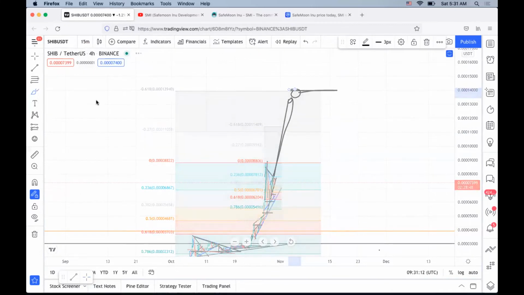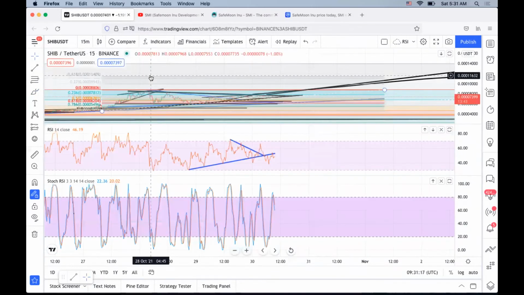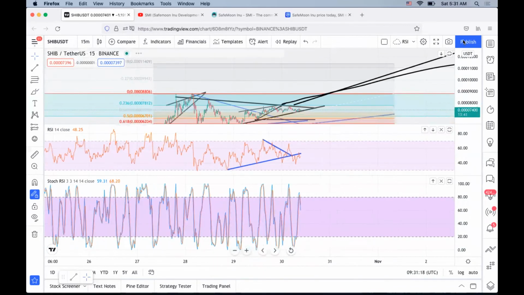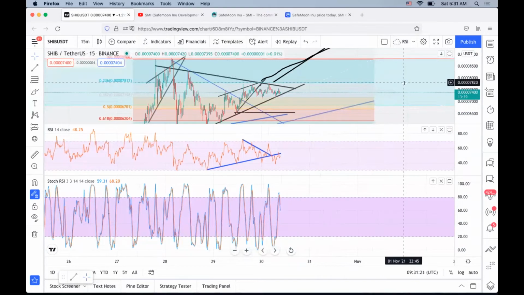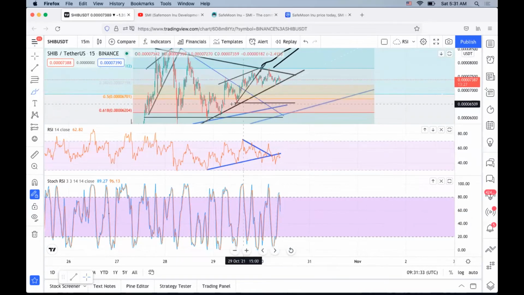But let's go over here really quick and check out the RSIs and see how we are looking. All right, so over here on the 15-minute chart, our RSI is sitting right around the 47 area. Stochastic is starting to fade a little down right here. So hopefully we will hold this trend line.